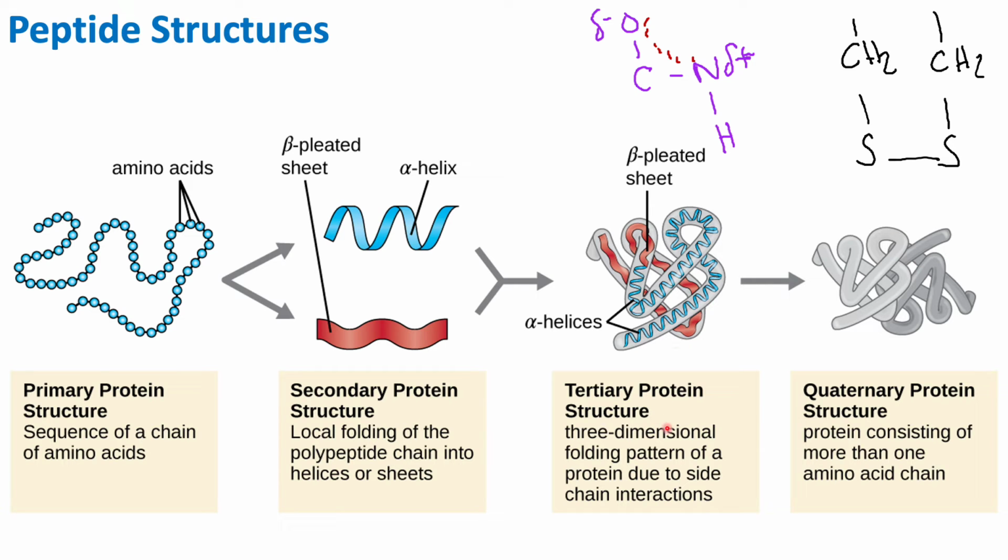So what's important to know, tertiary and quaternary structures also exhibit hydrogen bonding on their peptide backbone, but they also exhibit hydrogen bonding on their R groups. And that's what makes these two different compared to secondary. In secondary, we see no R group interactions via hydrogen bonding or electrostatic.